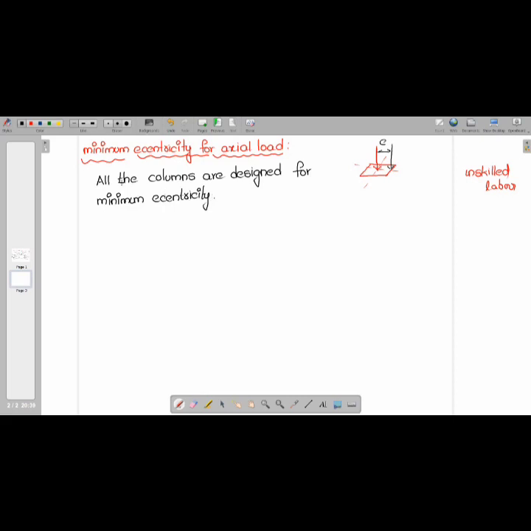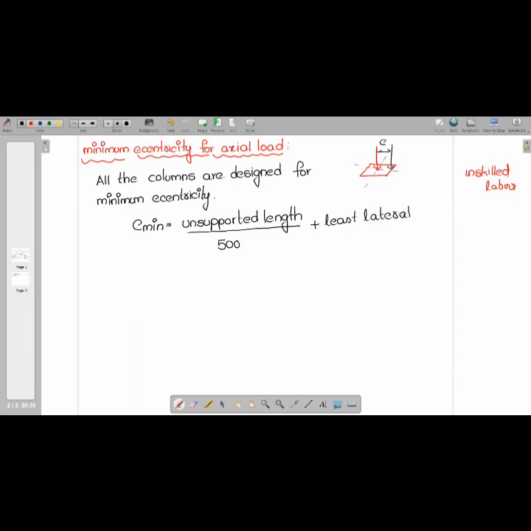So here, the formula for minimum eccentricity is: minimum eccentricity is equal to unsupported length upon 500, plus least lateral dimension by 30.